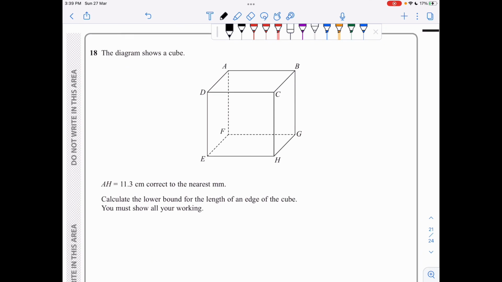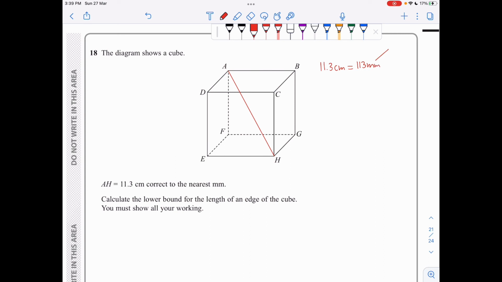In 18, we've got a cube. We're being told that AH is 11.3 to the nearest millimeter. This is AH. So 11.3 centimeters is 113 millimeters.